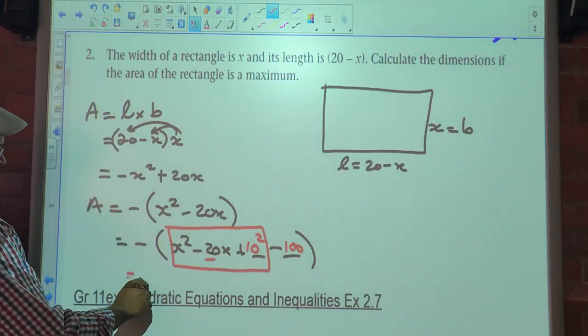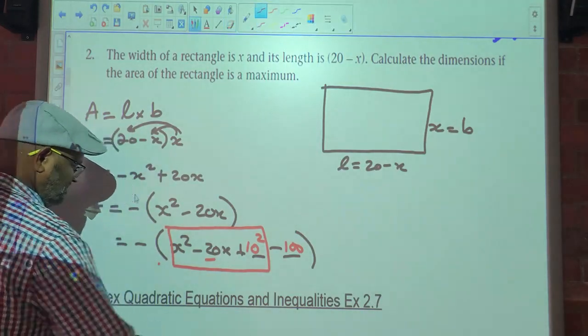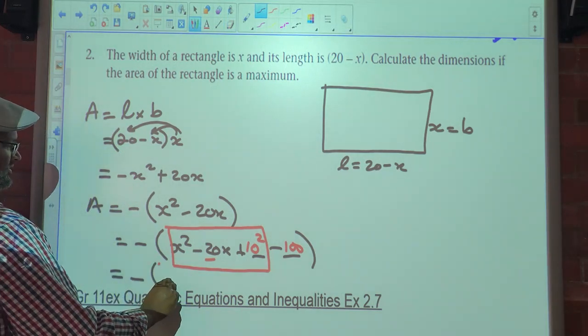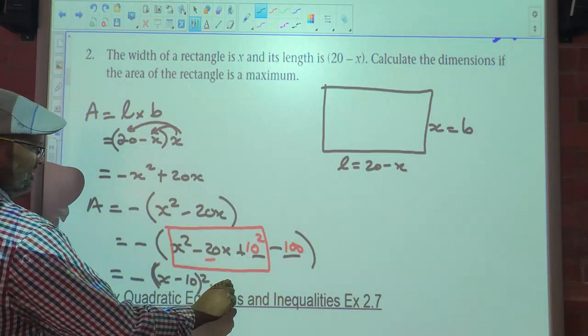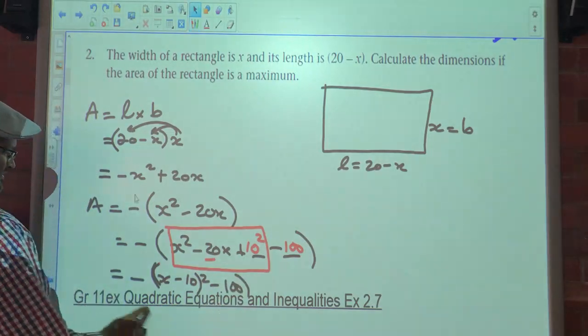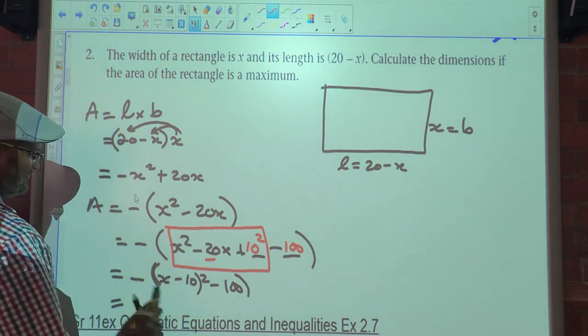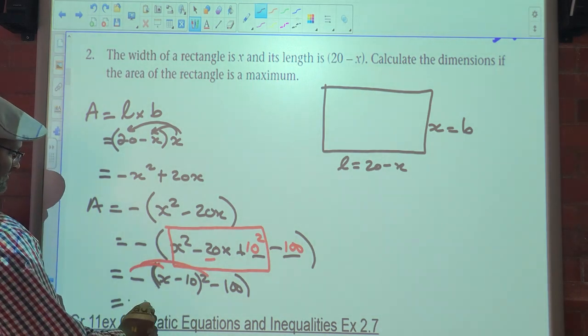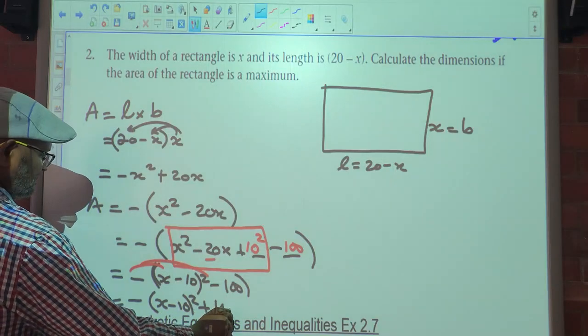Perfect square trinomial. So it's negative into x minus 10 squared minus 100. So what do I do now? Get rid of the brackets, multiply in. So it's going to be negative into x minus 10 squared plus 100.